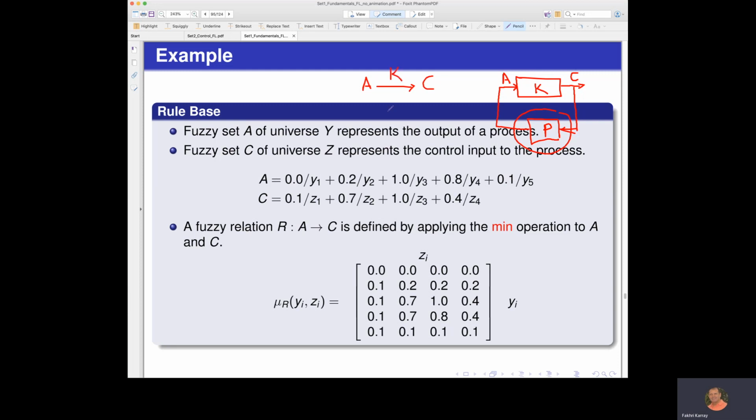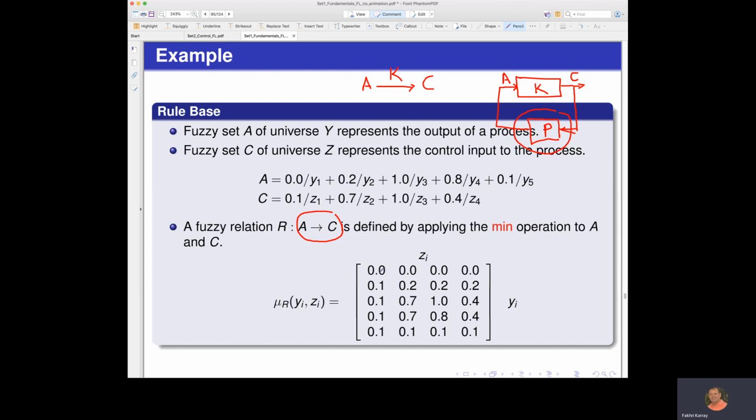For this particular type of engine, in order for us to create this relationship, as we have seen, we utilize the minimum operation when we are dealing with the implication type of operators, or the relation between A and C, where A is the antecedent and C is the consequent.